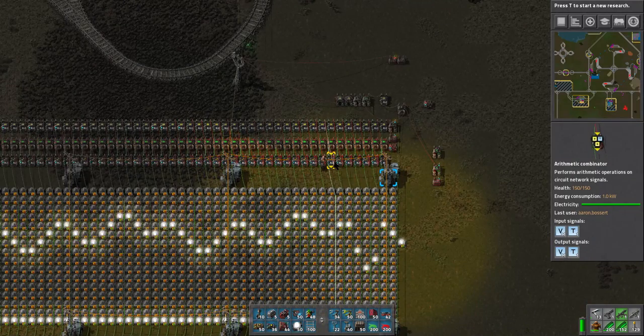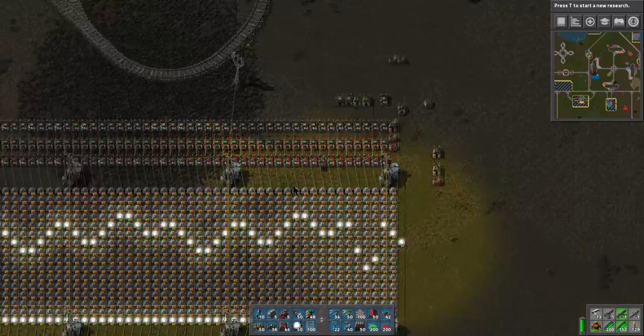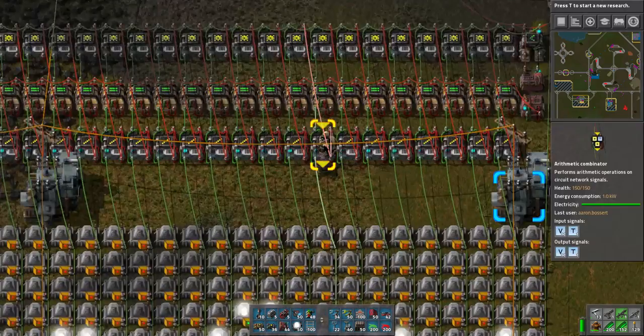Maybe the easiest way to describe how this is working is to go backwards. At the end, we've got a combinator that's doing 2 jobs. Its job is to work as memory, so it needs to store values.